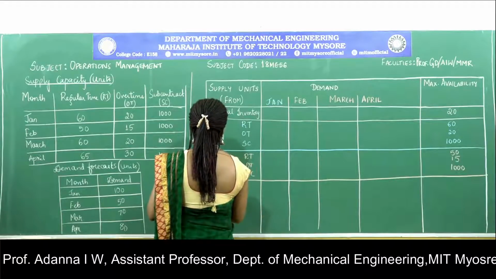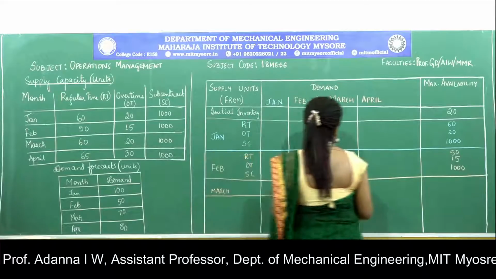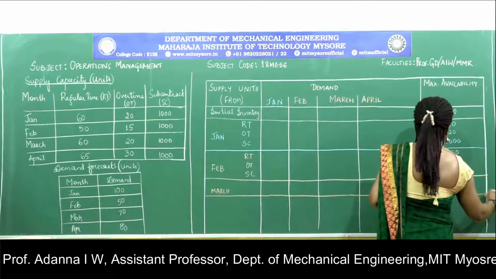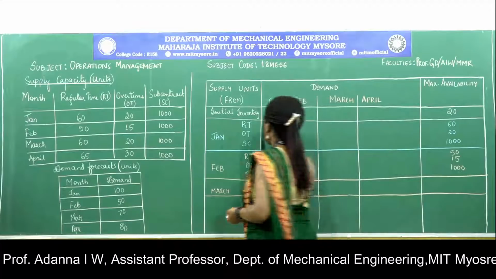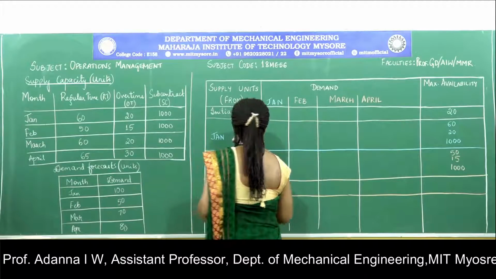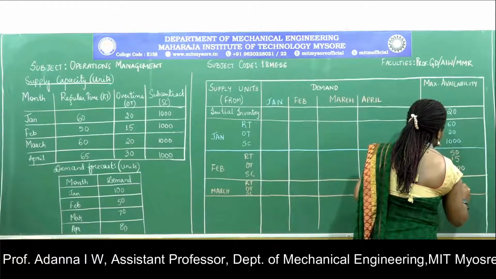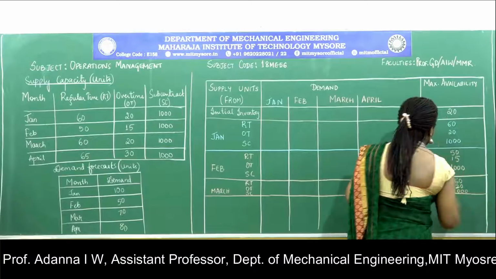For the month of March, regular time, overtime, subcontract, 60, 20 and 1000.